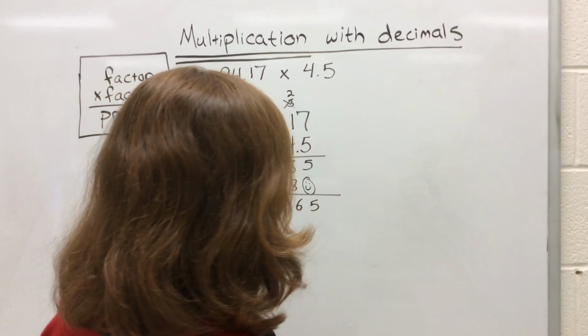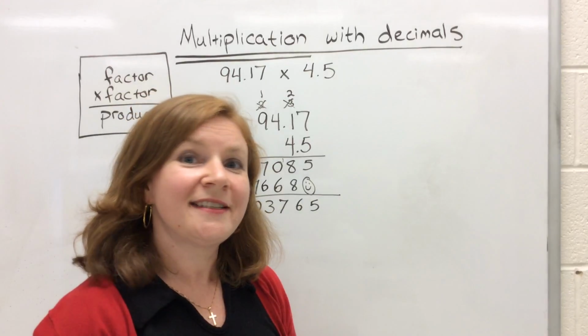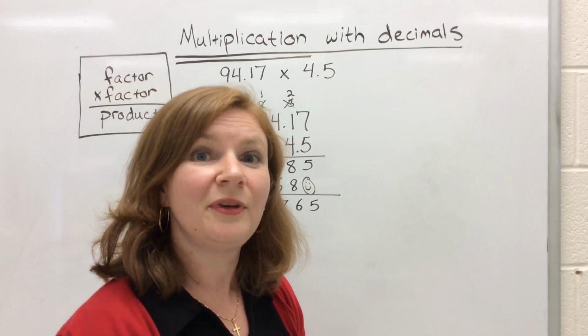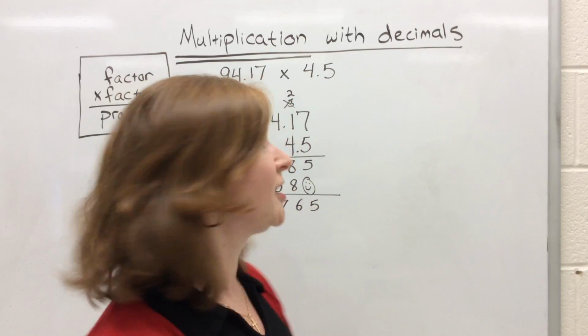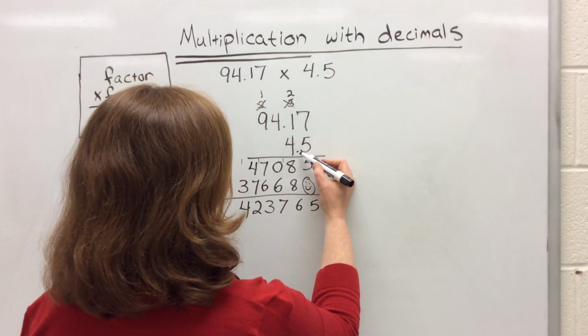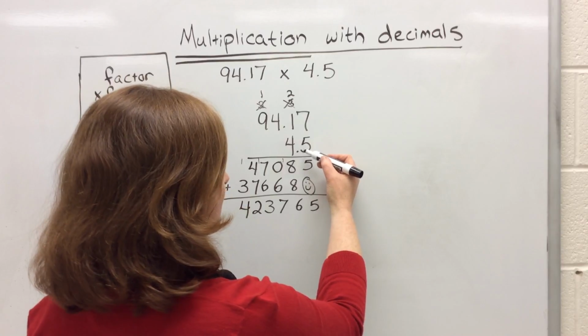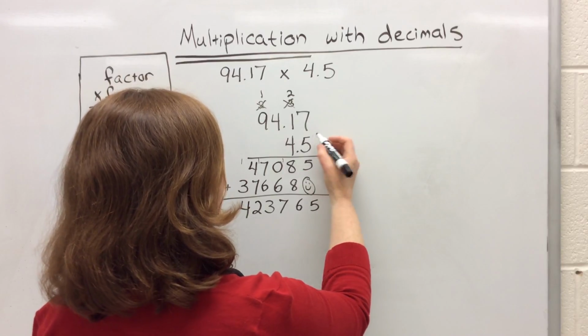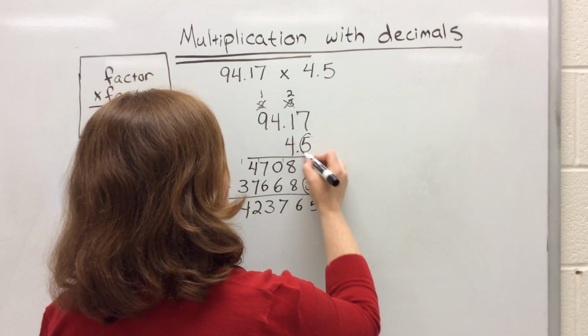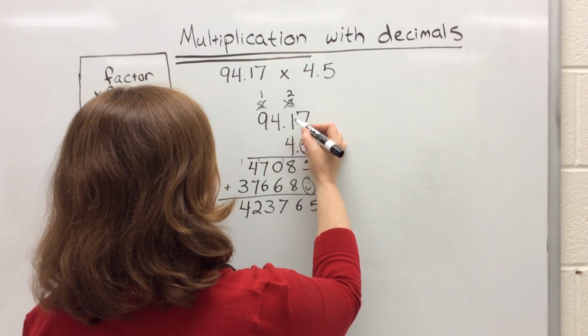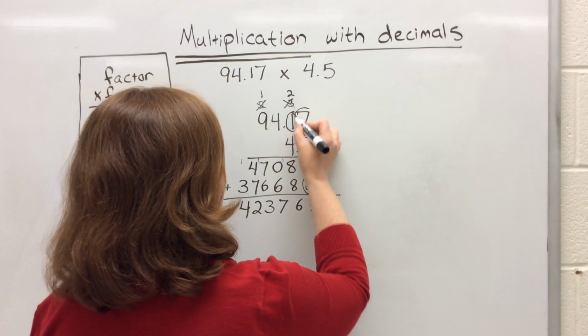The next thing I need to do is find out how many decimals I'm going to move over before I place my decimal point in my product. So I'm going to count how many places are after the decimal point in each of my factors. So here's a decimal point and there's 1 place. Here's a decimal point and there are 2 places after that one.